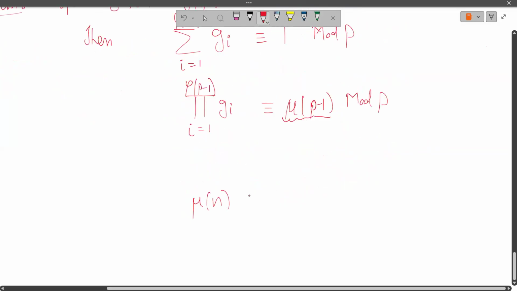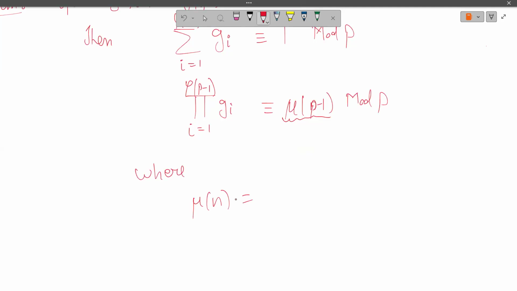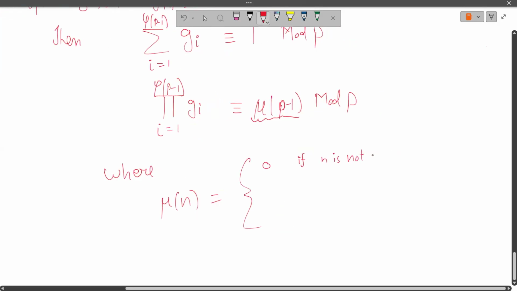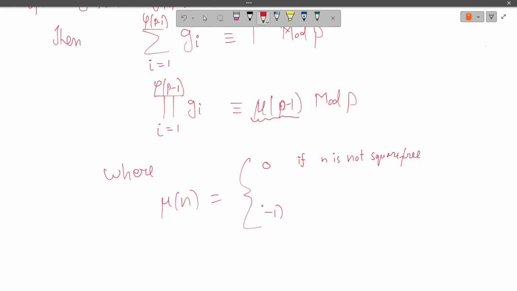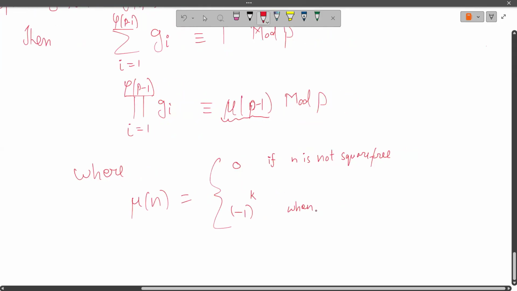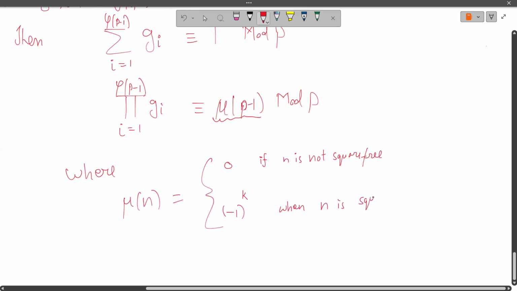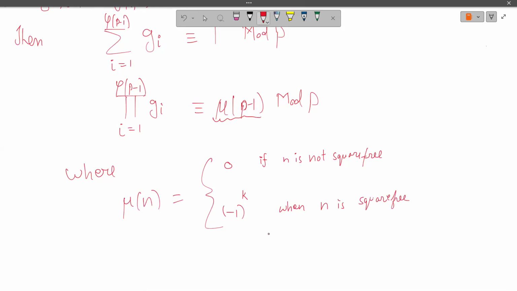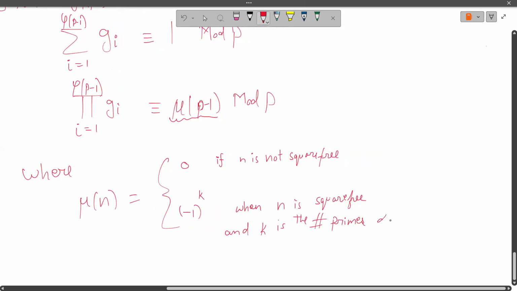Mu of n is 0 if n is not square free, and minus 1 raised to the power k when n is square free and k is the number of primes dividing n.